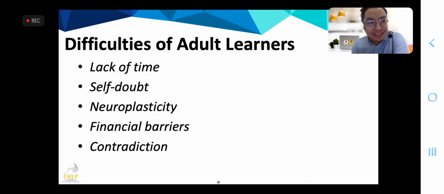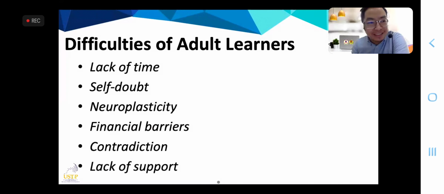Unlike elementary students, when you say something wrong, they automatically call you out, saying, sir, I think that's wrong. But adult learners don't, and that becomes a challenge in learning. So we need to identify also, as part of our needs analysis, their set of culture and beliefs, because this will help us design a more contextualized and appropriate IM.